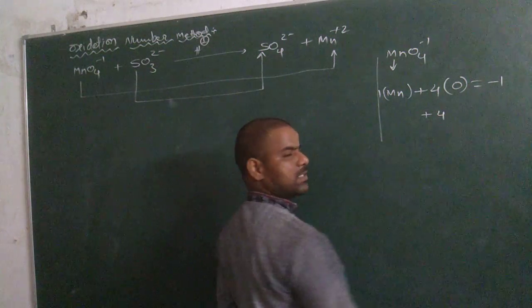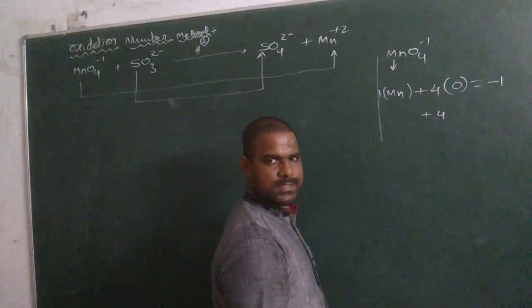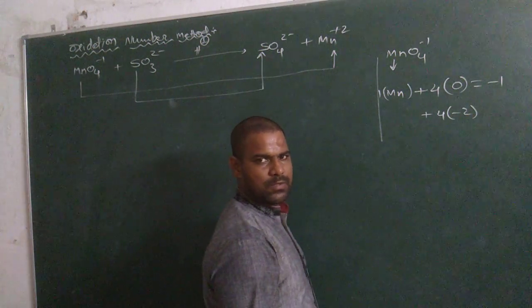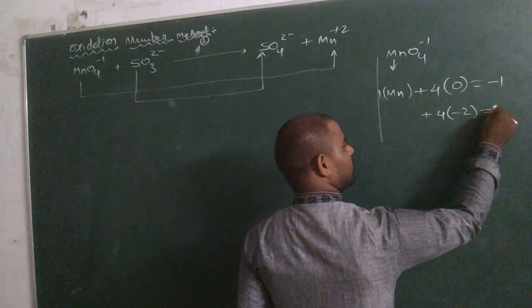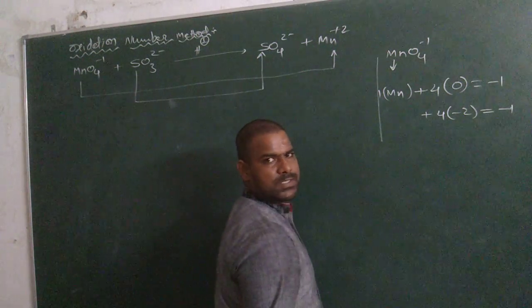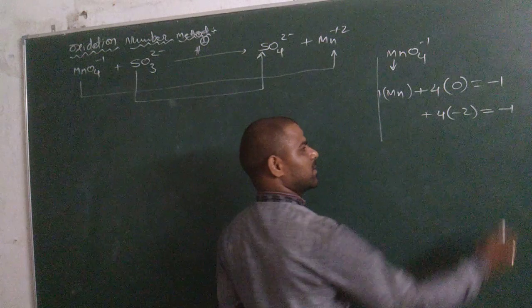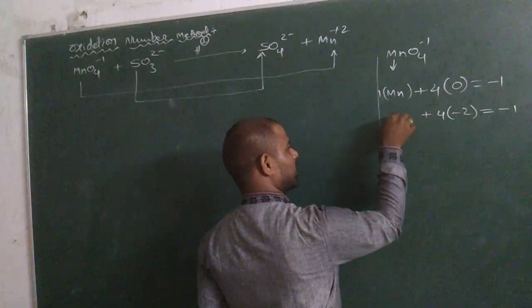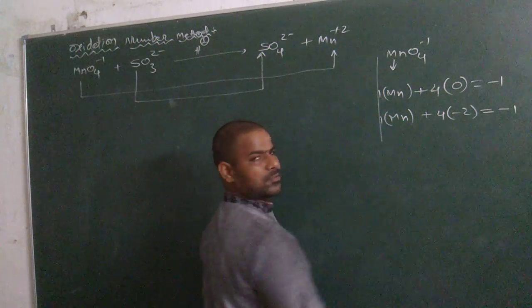We know oxygen exhibits a minus 2 oxidation state to complete its octet by gaining 2 electrons. That is minus 2 charge for each oxygen. There are 4 oxygens, so it is 4 into minus 2. We have to calculate the oxidation state for manganese.